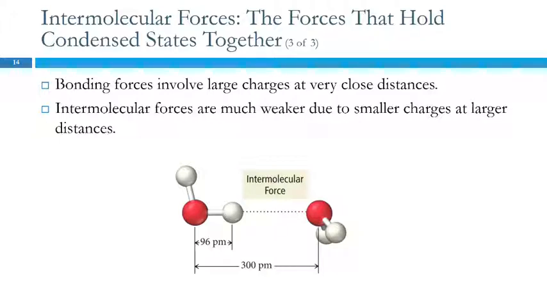We also have smaller charges because now we're not looking at the electrons versus the nuclei of each of these. We're looking at the overall partial charge of this molecule, or of one end of this molecule, and the partial charge of another molecule. So the distance is greater, the charges are smaller, the intermolecular forces are much weaker than chemical bonds.